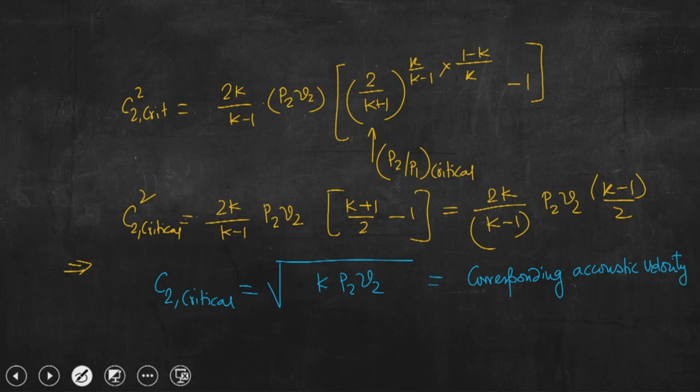Right. So, from this particular mathematical exercise we can say that when the ratio of exit pressure to inlet pressure is the critical pressure ratio, the corresponding velocity at the exit of the nozzle, that is the critical velocity, is the sonic velocity, right.